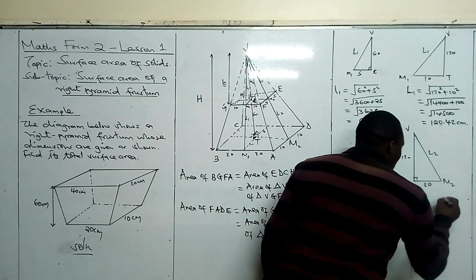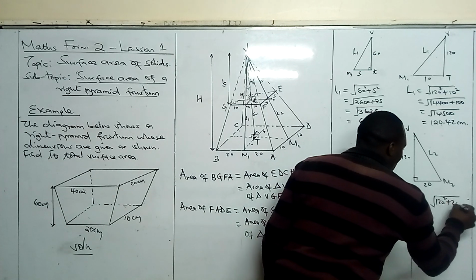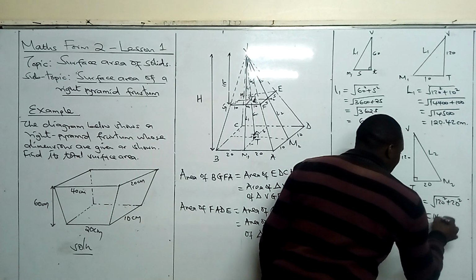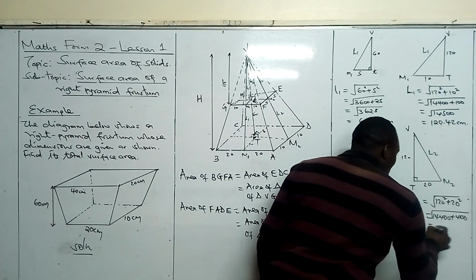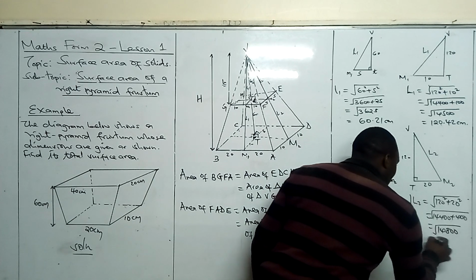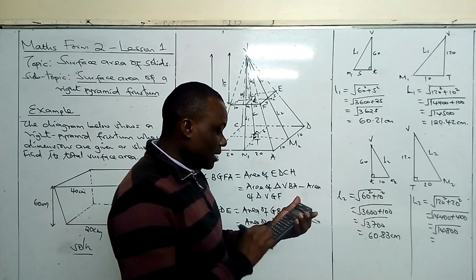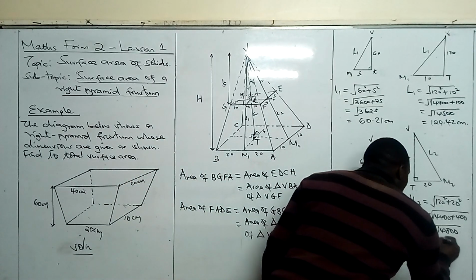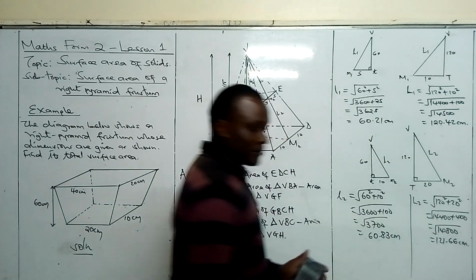L2 is equal to the square root of 120 squared plus 20 squared, which gives us 14,400 plus 400. When we add the two, we get 14,800. So the square root of 14,800 becomes 121.66 centimeters.